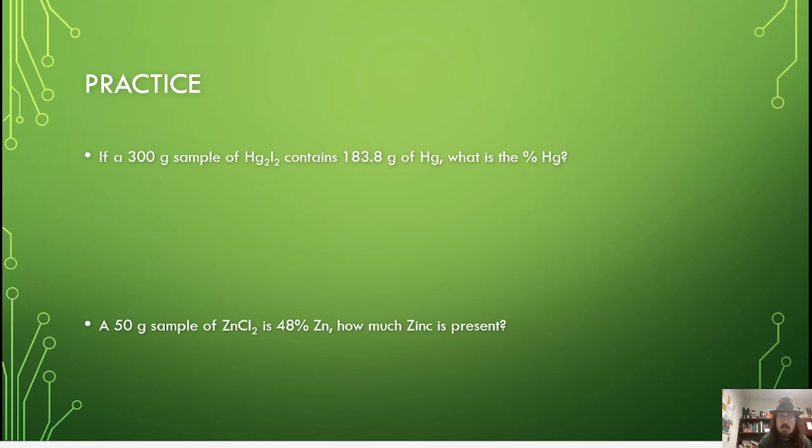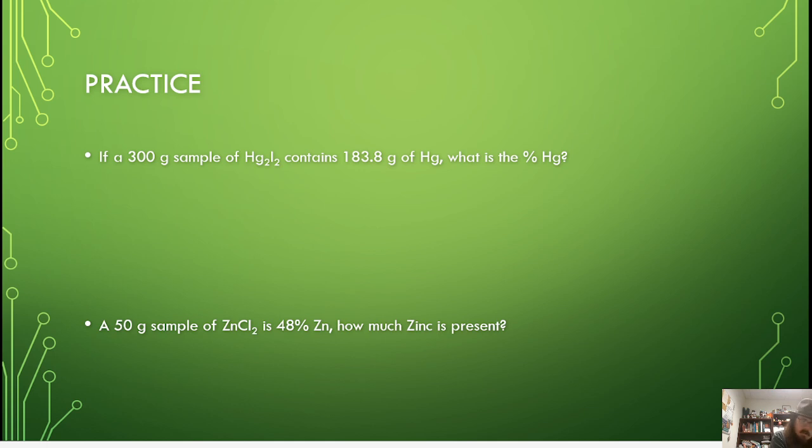So one last practice problem, just to finish this off. Write them down. 300 grams of Hg2I2. So mercury, 1 iodide. That's 183.8 grams of mercury. What's the percent?